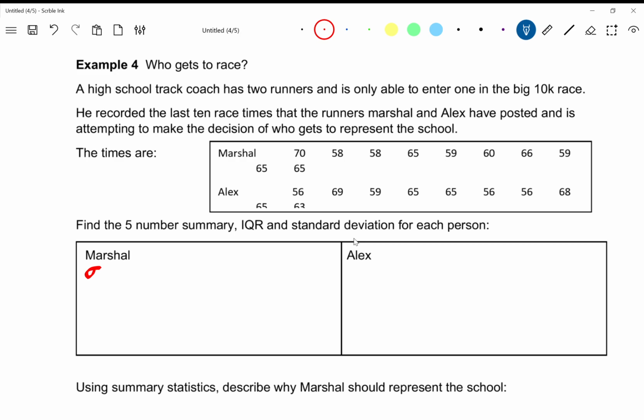The standard deviation for Marshall is 3.98. The interquartile range is 6. The min is 58. Quartile 1, 59.